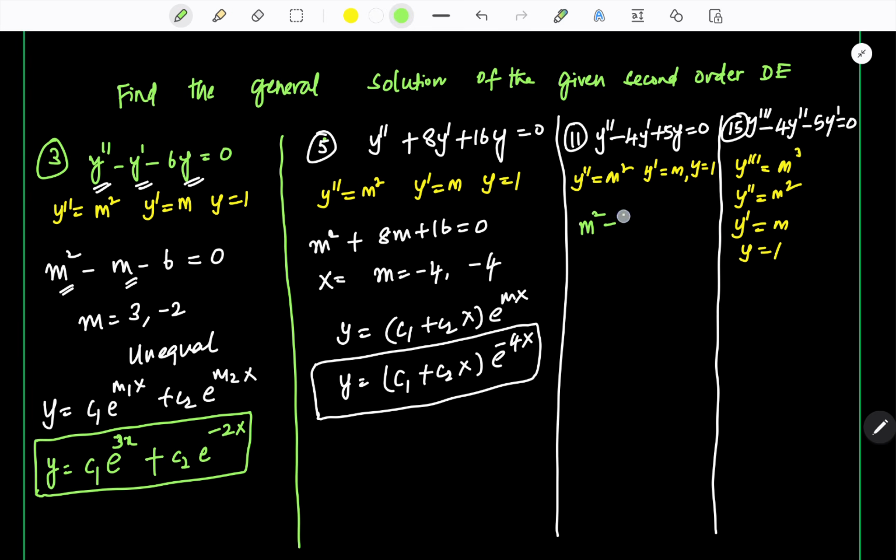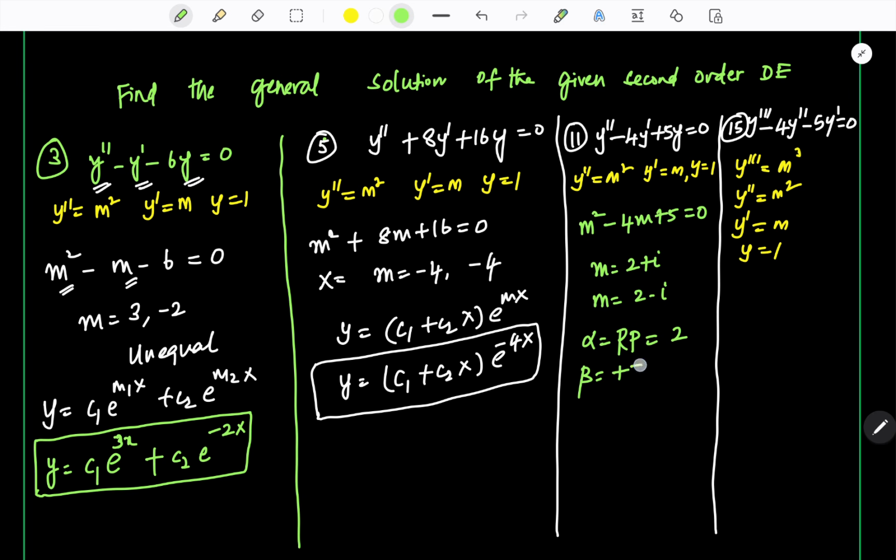m square minus 4m plus 5 equal to 0. Let me go to the calculator. m square is 1, minus 4 and then 5. So I get the answer 2 plus i, 2 minus i. So m is equal to 2 plus i, m is equal to 2 minus i. Alpha is equal to the real part, which is 2.